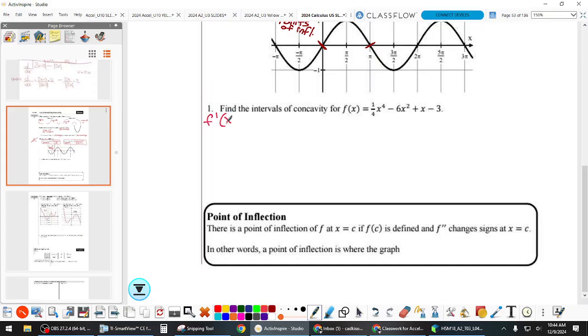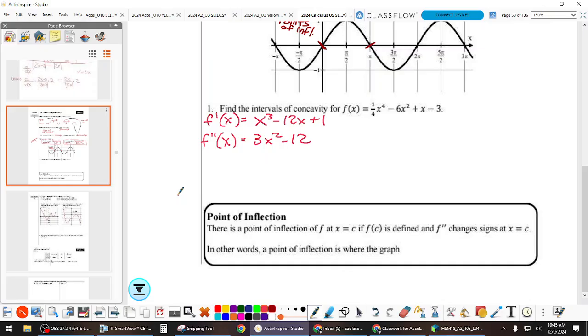This is a nice easy one. First derivative. Good?